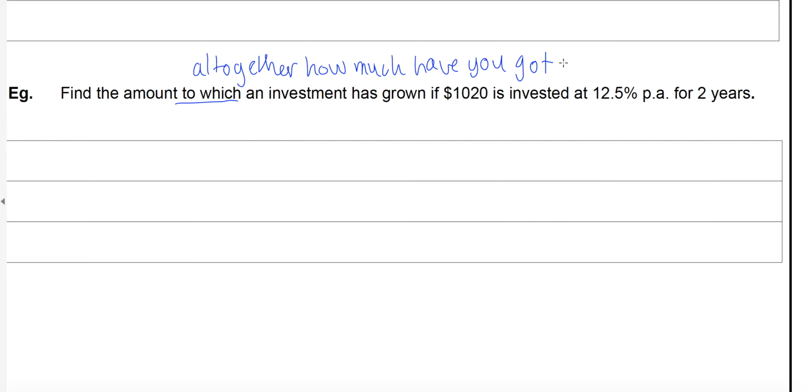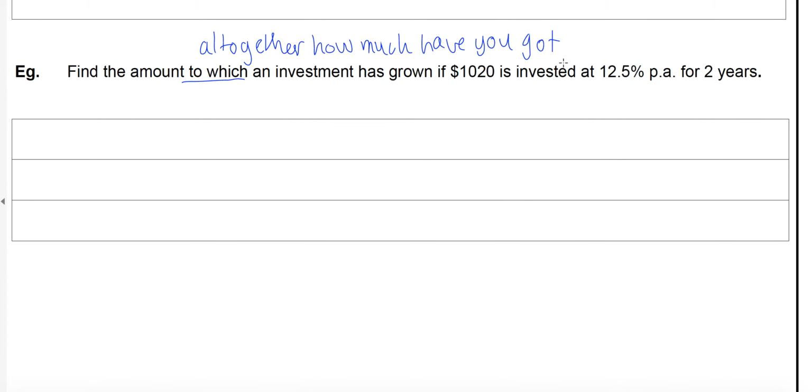If you're asking how much it's grown by, that means you're finding how much interest was added over that investment period. Whereas if you're finding what it's grown to, that means how much have you got altogether, including your principal, including the interest that you've earned, basically the value of that account.